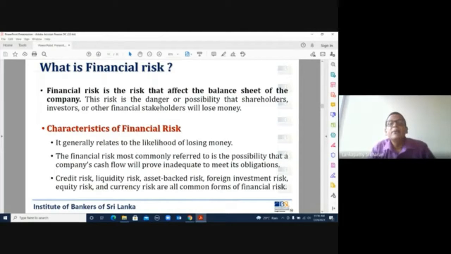The third one is business continuity. Sometimes there may be some risk which may affect business continuity. For example, you have a very good core banking system. Suddenly, the core banking system gets stuck for one or two days. You may not be able to continue that business because of the core banking system, if you don't have a backup.